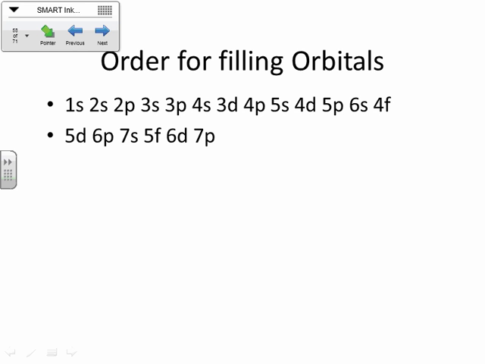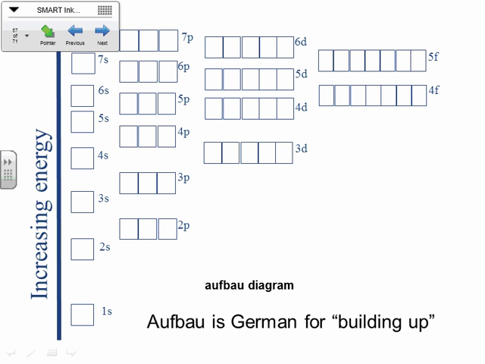What you have to know from the periodic table is there are certain blocks of elements where you're filling either S or P or D or F orbitals. So if you look back at the Aufbau diagram, notice in the hotel here, you've got your 1s, then you've got 2s, 2p, then you've got 3s, 3p, 3d, 4s, 4p, 4d, 4f.